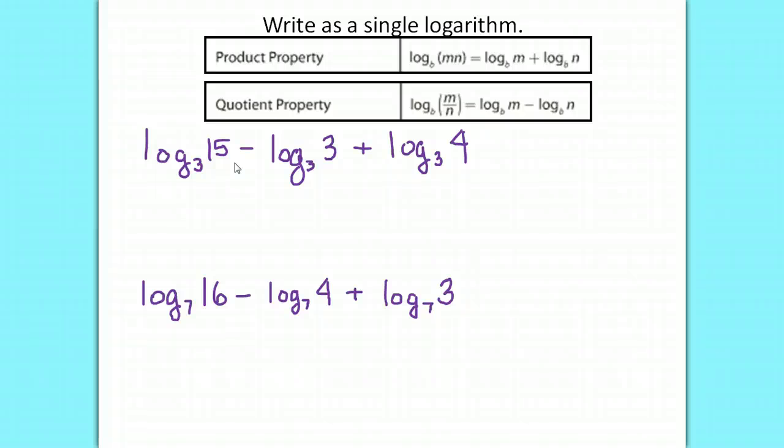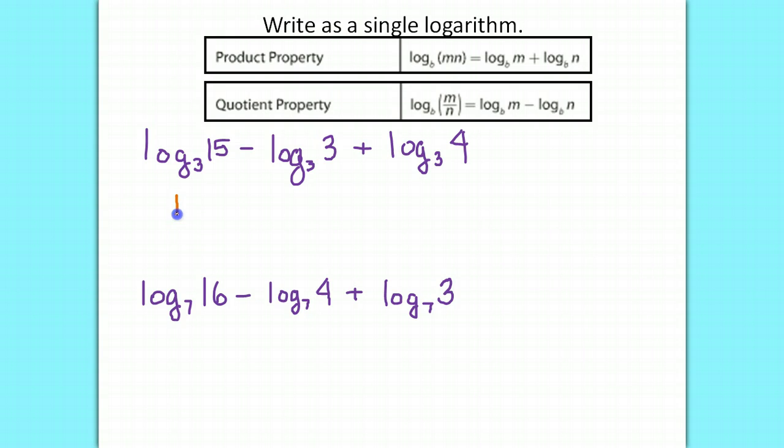So you see a minus sign there. That tells us we're going to use the quotient property. And all you have to do, if you look at where the m and the n are when it's written as separate logarithms, if you're going to combine it into a single logarithm, just remember that whatever is inside the first log goes in the numerator. Okay, so let me grab my pen.